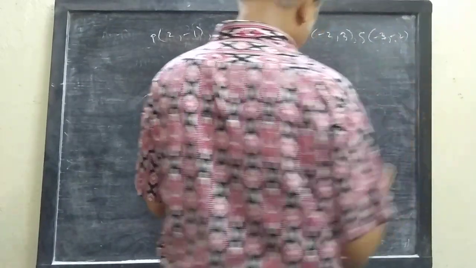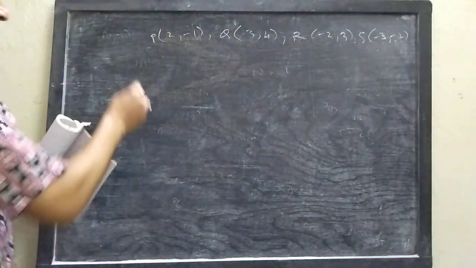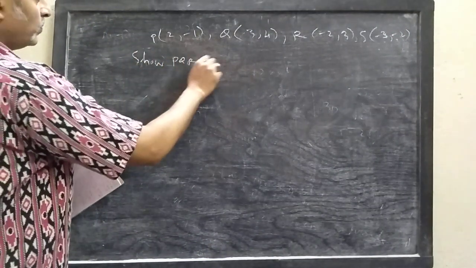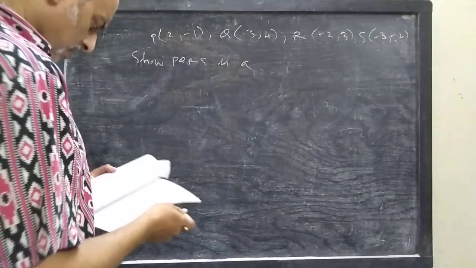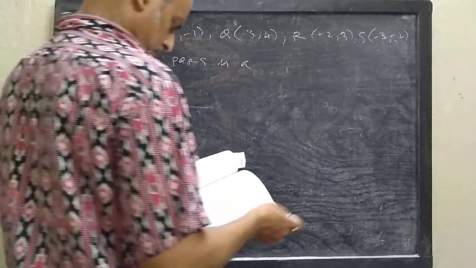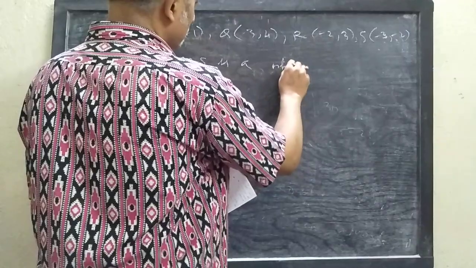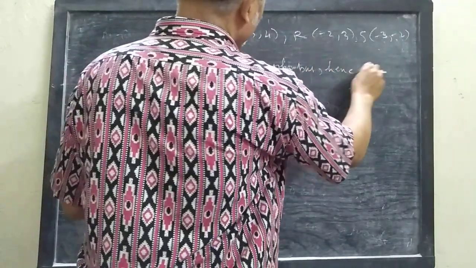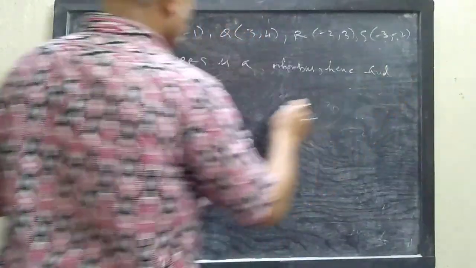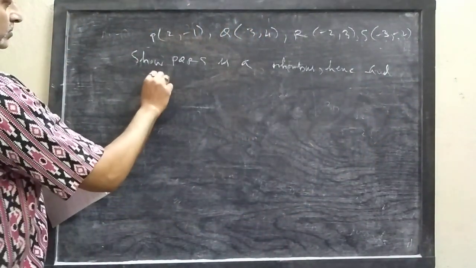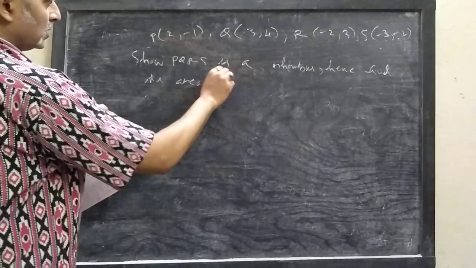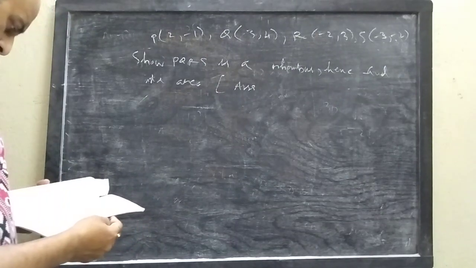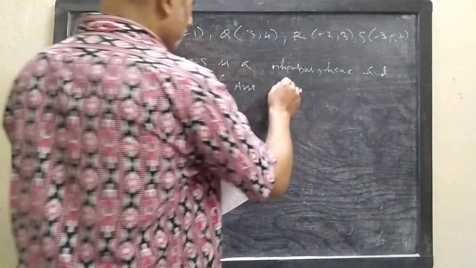So show that PQRS is a rhombus, and hence find its area. And the answer: its area is 24 square units.